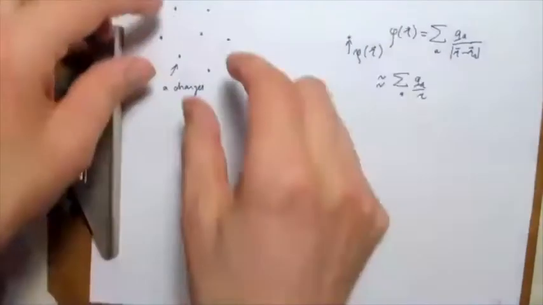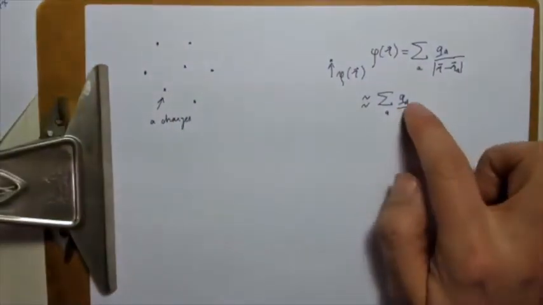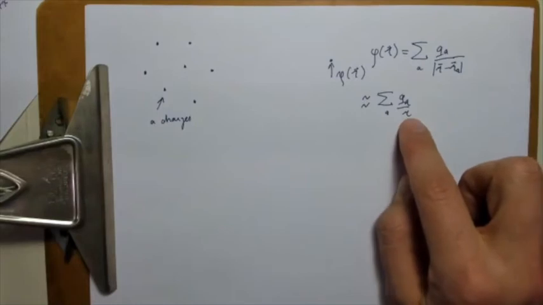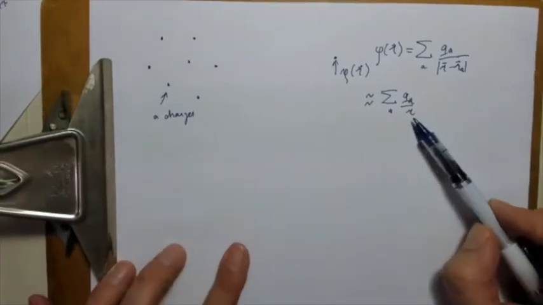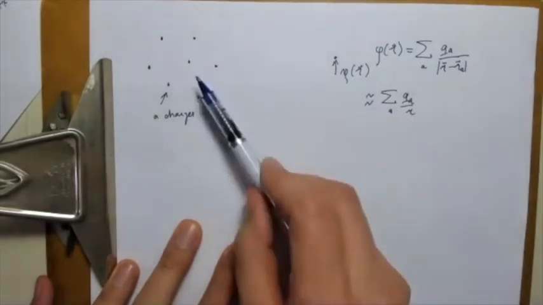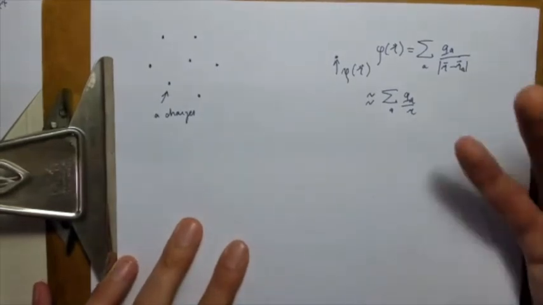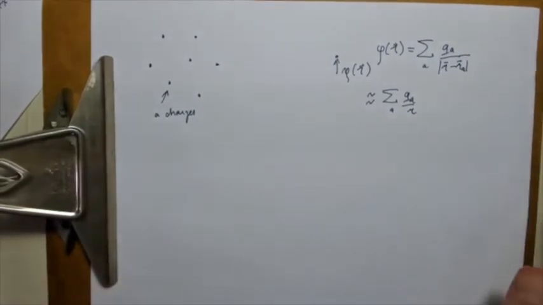Then this just looks like a monopole from far away with a net charge of whatever that sum of the charges is, but we don't have to weigh the contribution from the fact that they're all at slightly different positions. So that's our first order approximation to the potential when we're far away.